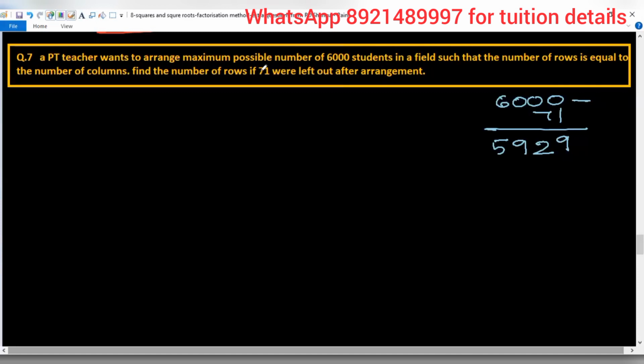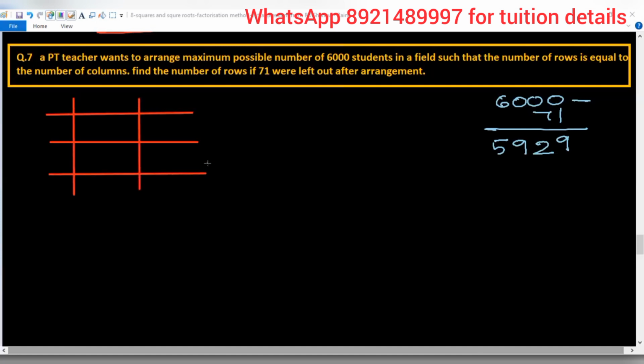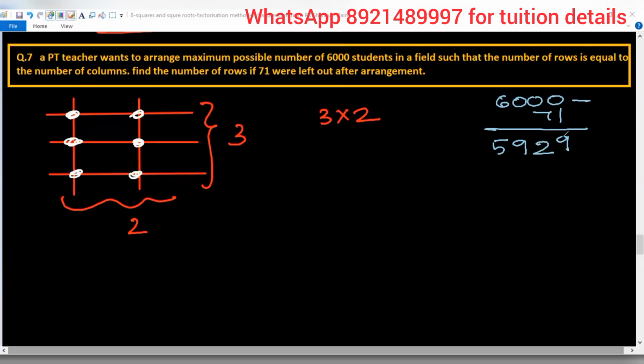And what we have to find out? Find the number of rows. Students are arranged such that the number of rows is equal to the number of columns. See, if we are having 3 rows and 2 columns, how many students are there? 3 into 2, 6 students will be there, right? Positions 1, 2, 3, 4, 5, 6, like that.